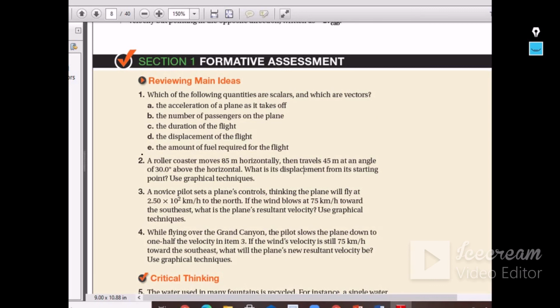Okay, now look over here, for this question we have an object that moves like that for 85 meters horizontally, then travels for 45 meters at an angle of 30 degrees on the horizontal, and then moves for 45 meters. As you see here, you should draw to understand how you can get the answer.